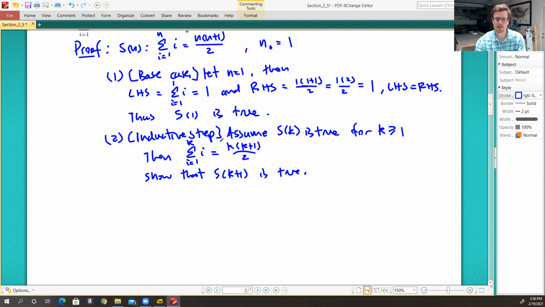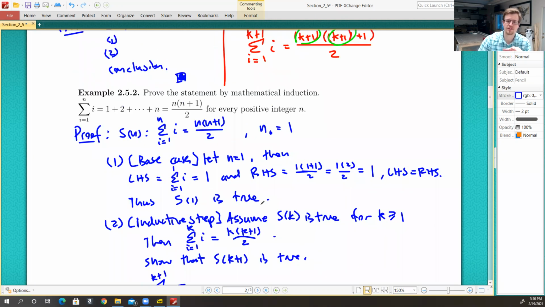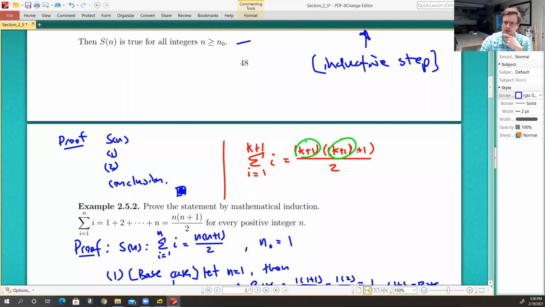That's the statement. This statement is true for k. Now we want to show that it's true for the next thing. So we look at the sum from i equals 1 to k plus 1, and I want to show that this is equal to what I wrote up here.